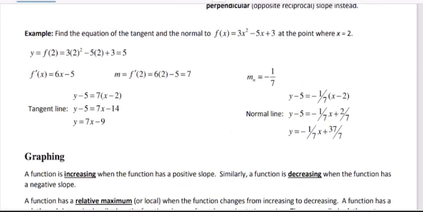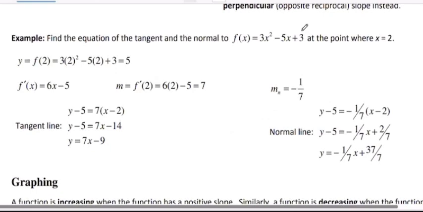In the example, we want to find the equation of the tangent and normal to the function you have right now. I need you to pay attention. There is a function given, quadratic in nature, and they want us to figure out the equation of the tangent and the normal at the point where x equals 2.